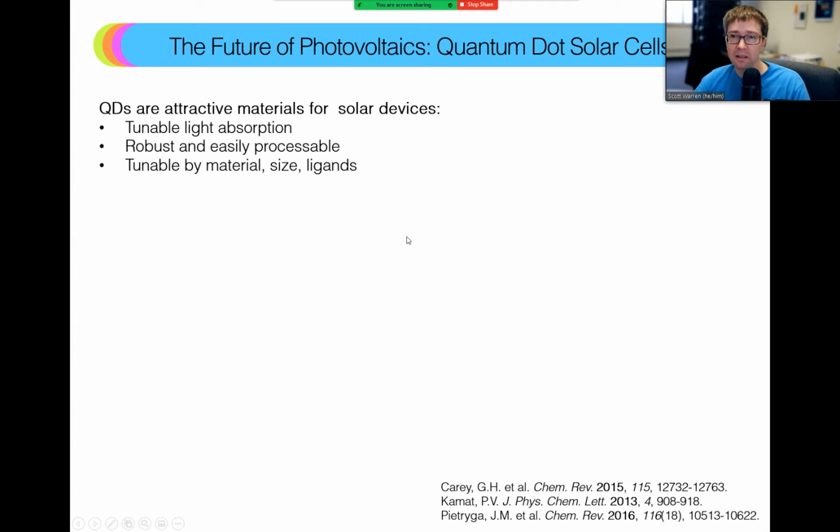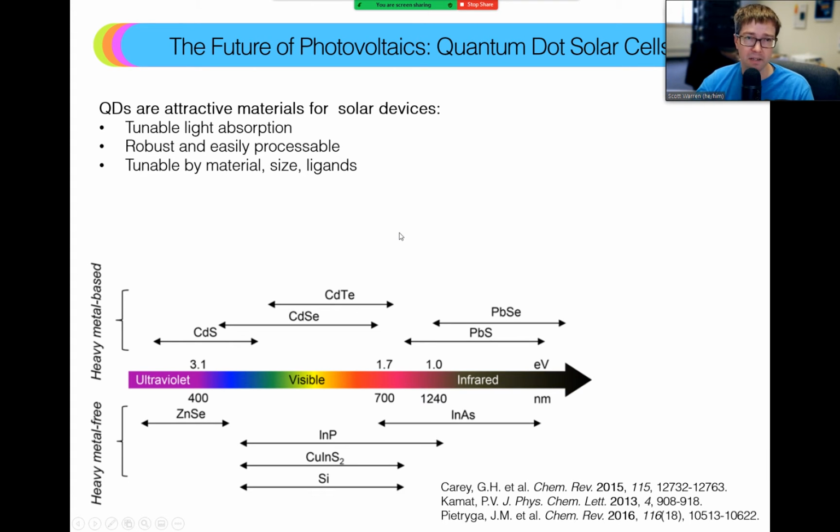Okay, so looking forward, there's a whole variety of future possibilities for quantum dot materials for potential use in solar cells, and they are attractive for use in solar cells as well as other technologies because of their tunable light absorption properties, and they can be tuned across many different sizes using different semiconductors. So we've talked about cadmium sulfide and cadmium selenide, but there's many other compositions that are going to have different degrees of tunability.